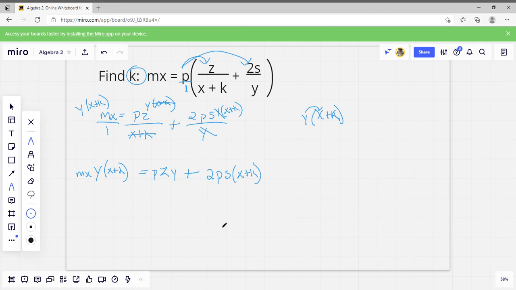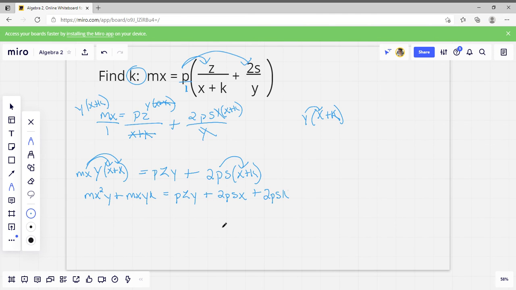Now I'm going to rainbow. myx times x would be mx squared y plus mxy times k, pzy plus, here I'm going to rainbow, 2psx plus 2psk.